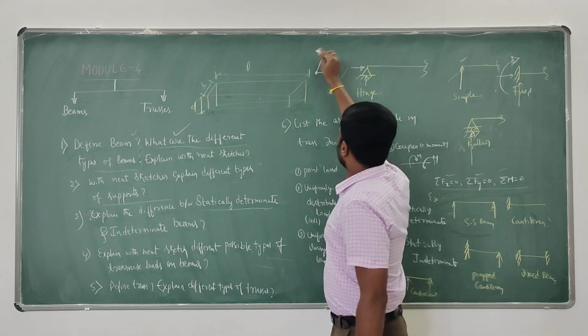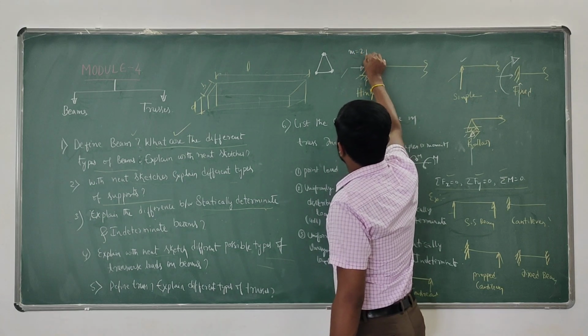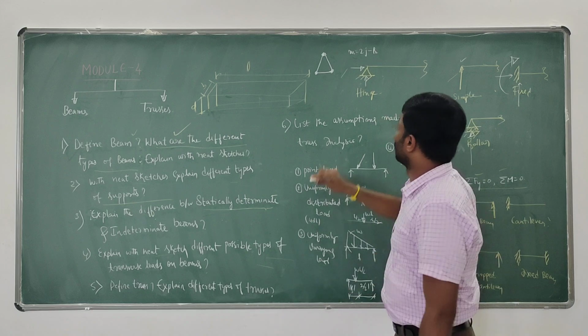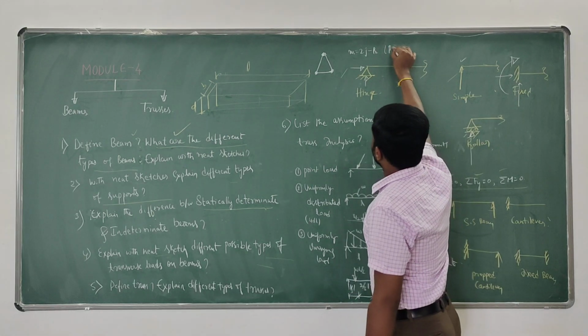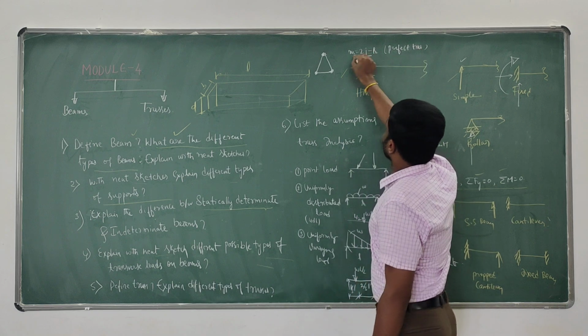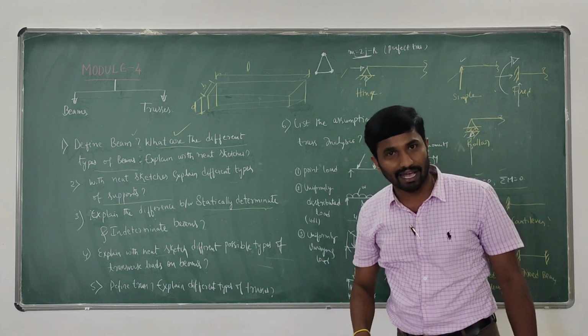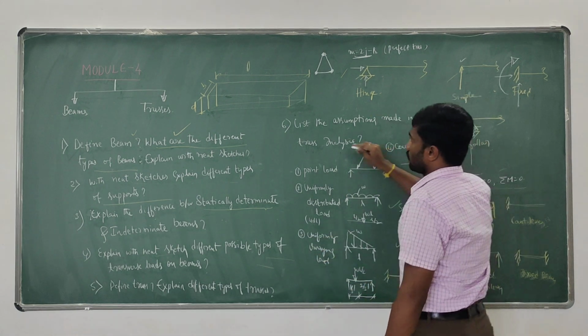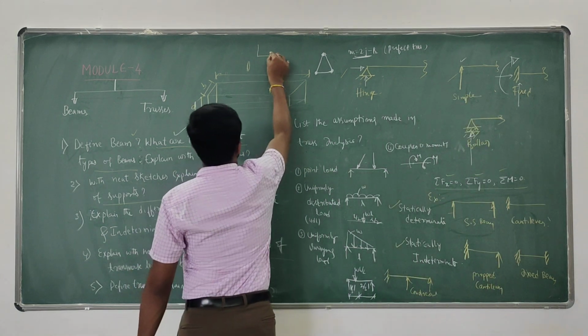Once again, depending on the equation M equals 2j minus r, trusses can be classified. If the truss obeys M equals 2j minus r, then the truss is termed a perfect truss. For example, consider one truss.